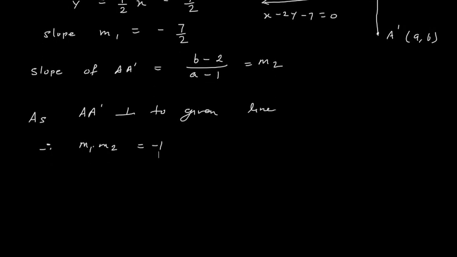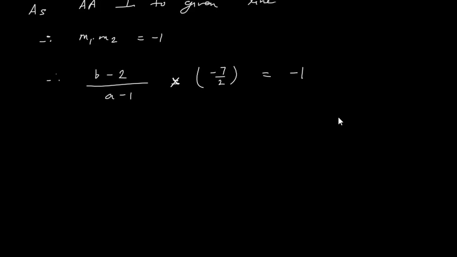So that will give me (b minus 2) upon (a minus 1) into 1 upon 2 is equal to -1. So therefore b minus 2 is equal to minus 2 times (a minus 1).